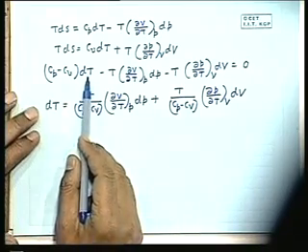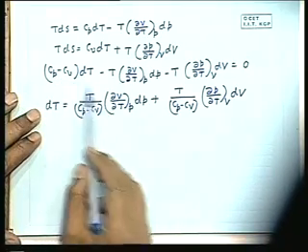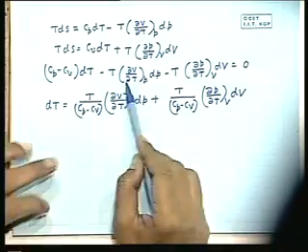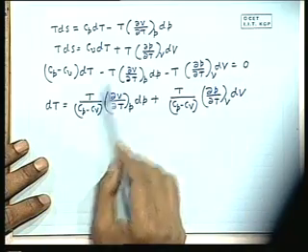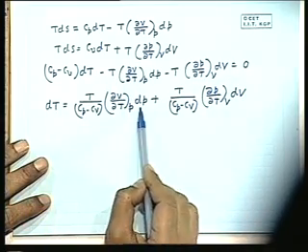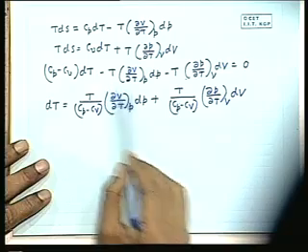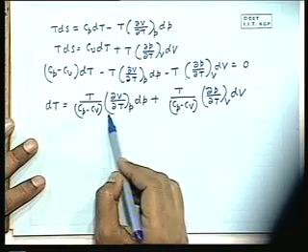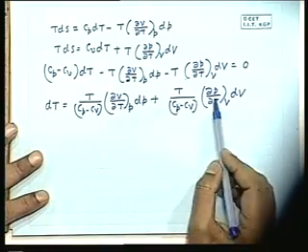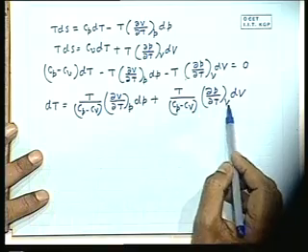So now I am writing dT is equal to T by (Cp minus Cv) (∂V/∂T)_P dP plus T by (Cp minus Cv) (∂P/∂T)_V dV.